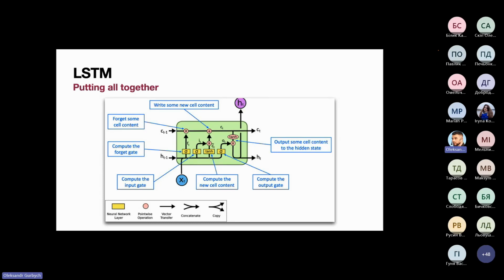Then it goes through a third gate, the output gate. Here you take some content from previous state and you write some content that passed this gate. So now you have a combination of old information and some of the new information.